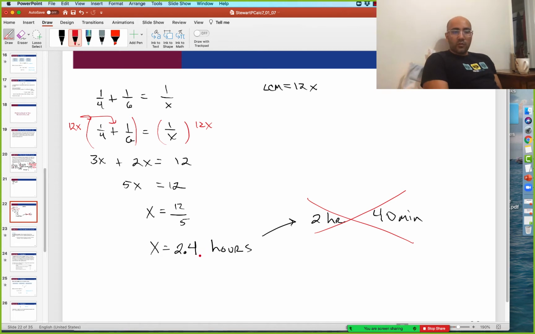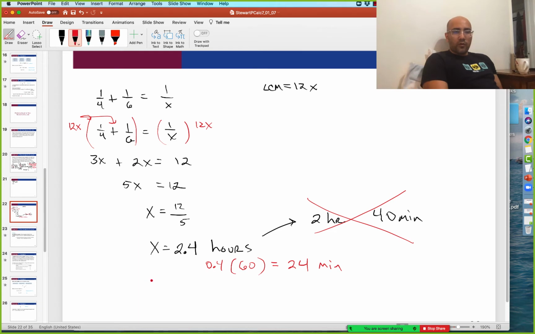Right, so what we need to do to really translate this is to multiply 0.4, the 0.4 from here, times 60 minutes. Now, this is going to be equal to 24, right, because 10% of 60 is 6, and 6 times 4 is 24, so 24 minutes. So that's our answer.